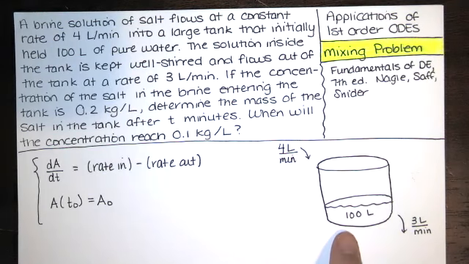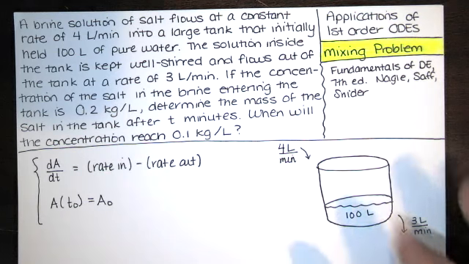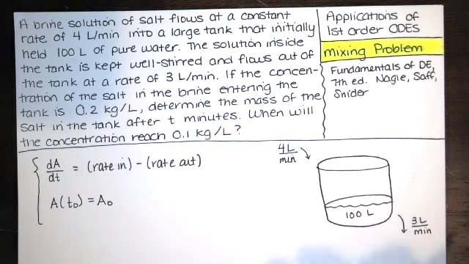You've got 4 liters per minute going in and 3 liters per minute going out. So that means every minute you're actually gaining a liter. So 1 minute later, you're going to have 101 liters in here. And 2 minutes later, you're going to have 102 liters in there, and so on. So it's significant that those are different from each other because it changes the volume of the solution inside.